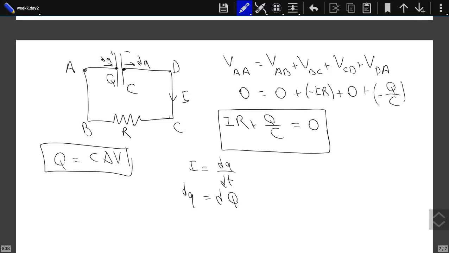Now we relate this dq that passes through my circuit to the change in the charge in my capacitor. So if dq is positive, then my capacitor is charged. The charge in my capacitor also increases by the same amount. So this is my relation between I and the charge in my capacitor.